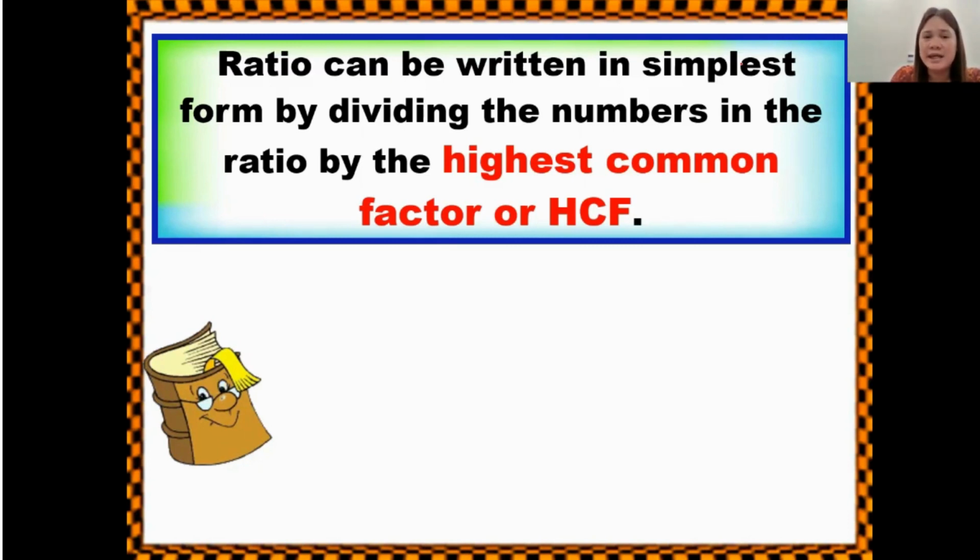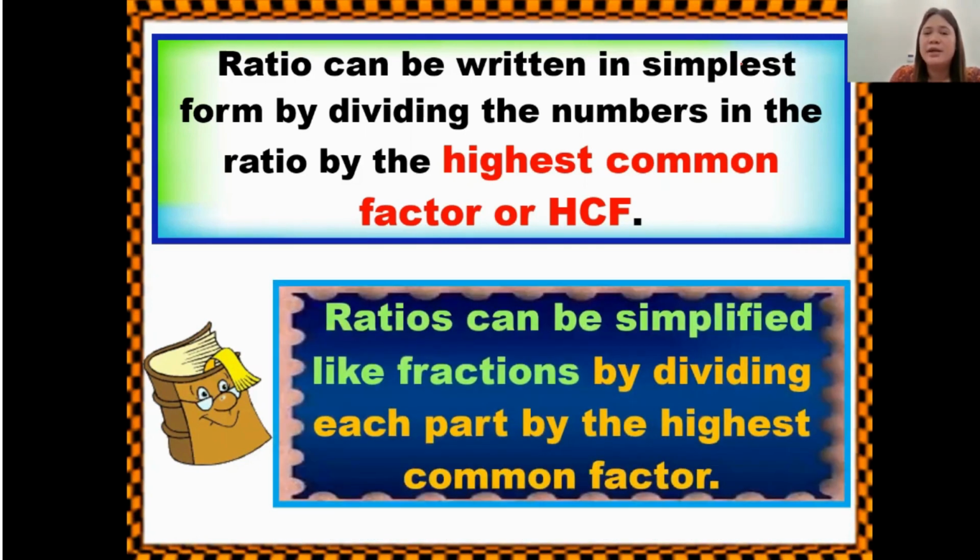We will be dividing each number in the ratio by the highest common factor of the given numbers. And ratio can be simplified just like fractions, because we are going to divide each part by the HCF, or the highest common factor. If you find it easy to simplify fractions, then this topic is also easy for you. But you have to be extra careful, especially if the units are different.